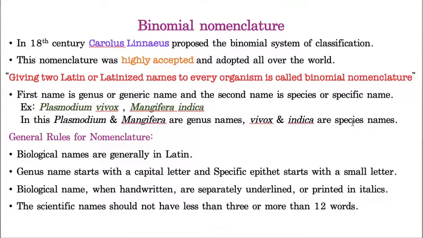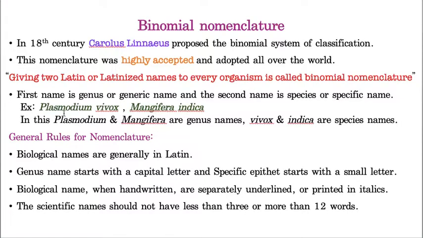As I mentioned, there are some rules framed by Carolus Linnaeus for binomial nomenclature. What are the rules? The first and very important rule, which is even in the definition, is that biological names must be derived from Latin only. The binomial name should have two names.